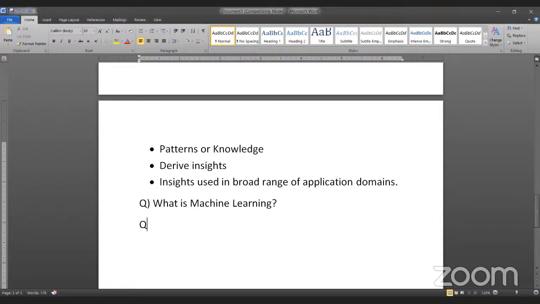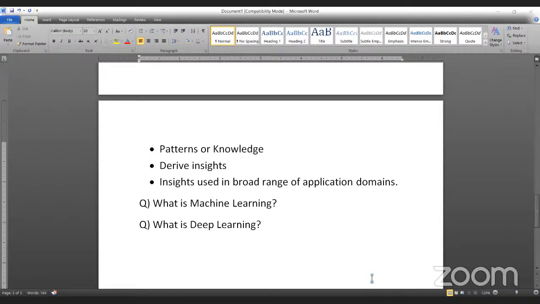Now next, what is deep learning? Deep learning is a kind of machine learning in which neural networks are used to imitate the structure of the human brain.